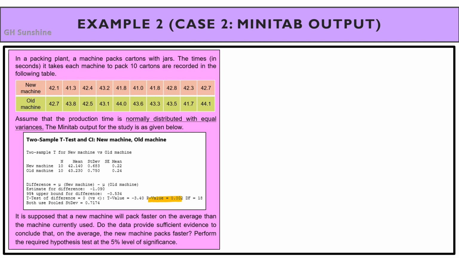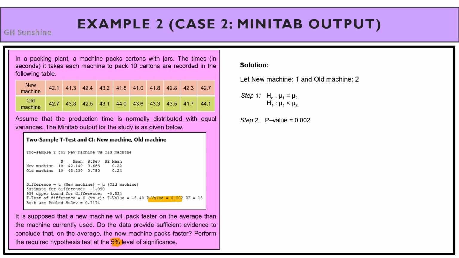P-value equal to 0.002. What is the alpha value? 5%. Is the p-value less or more than alpha value? Less than alpha value.